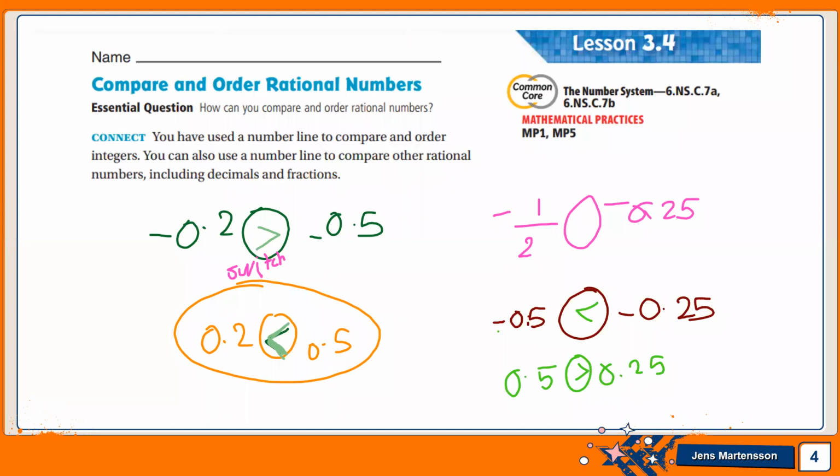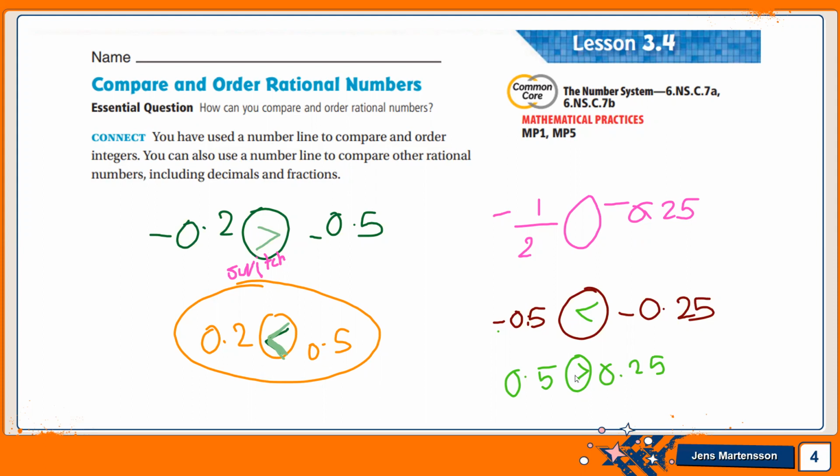Teacher, negative 0.25 is less than 0.5? Okay, but you wrote that negative 0.25 is greater than negative 0.5.